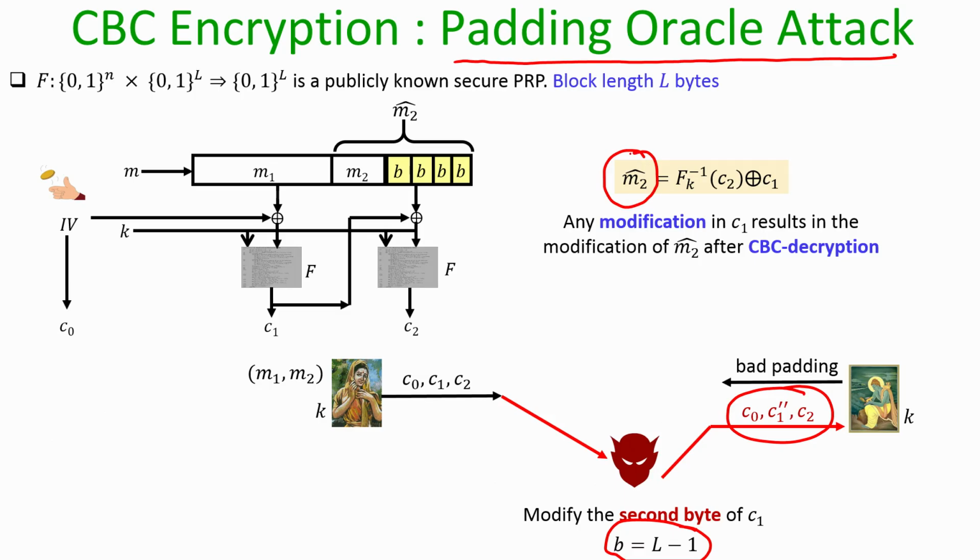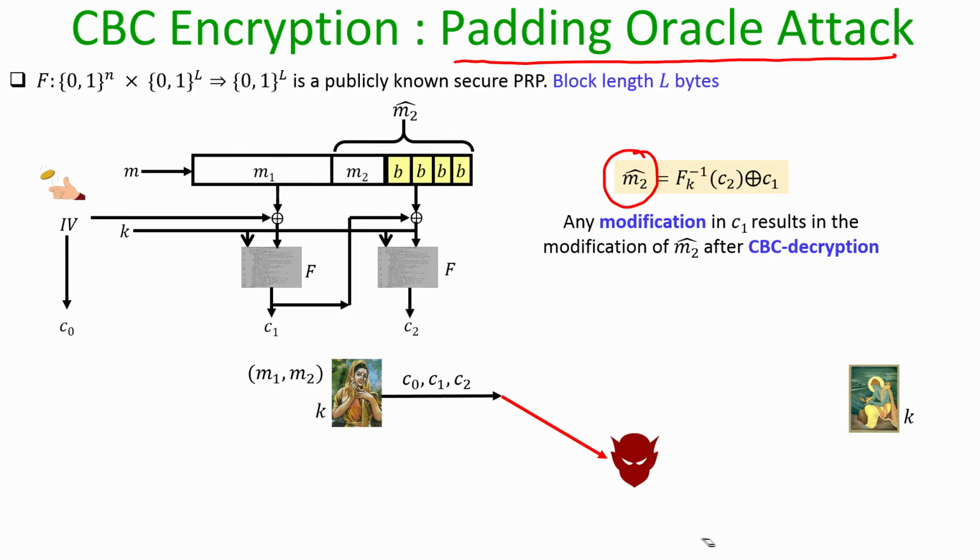If the bad padding error comes, it will come only because the value of little b is L-1, in which case the receiver would have expected all the L-1 bytes of the recovered M2 to represent the value L-1. But that is not going to happen, because the second byte of the recovered M2 is already changed at the decryption end. So, if the bad padding error message comes here, that indicates the value of little b is L-1.